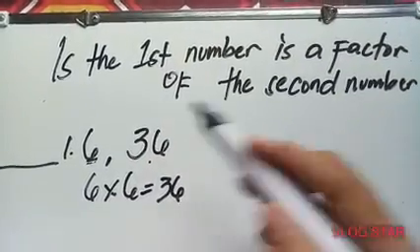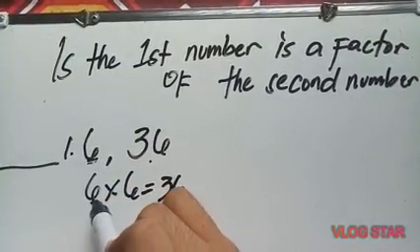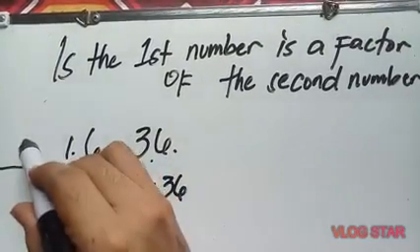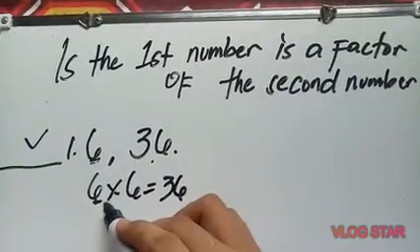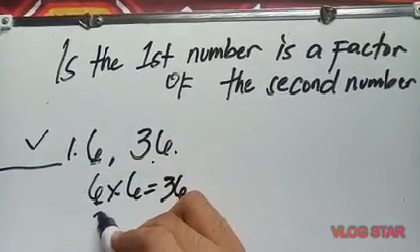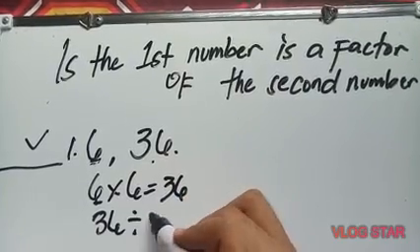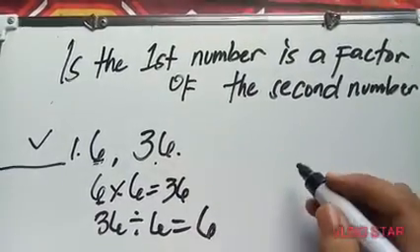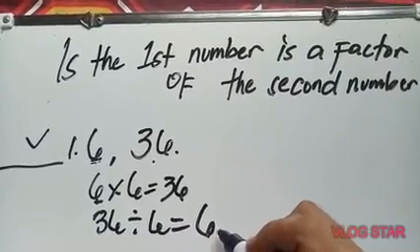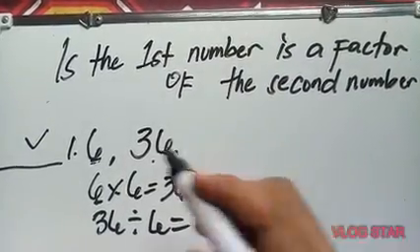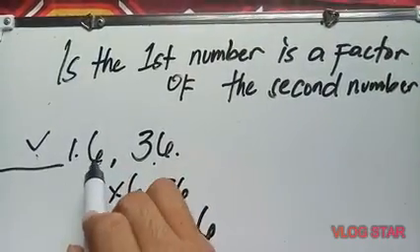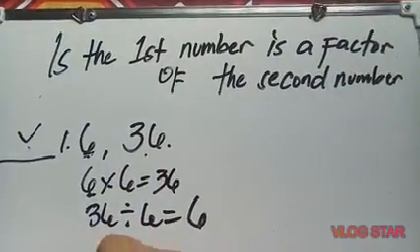So we can say that 6 is a factor of 36. One way is by dividing: 36 divided by 6, the answer is 6. Since there is an exact quotient or no remainder, we can say that 6 is a factor of 36.